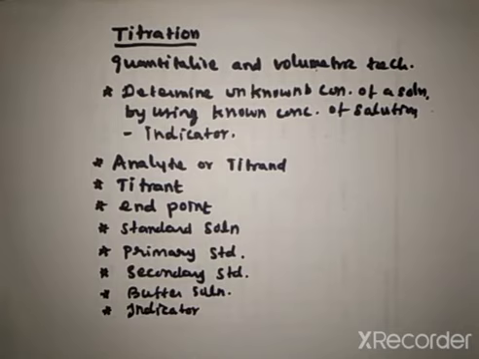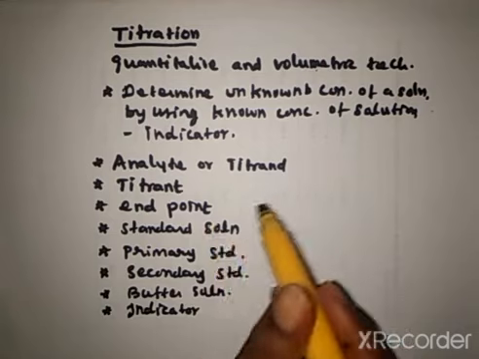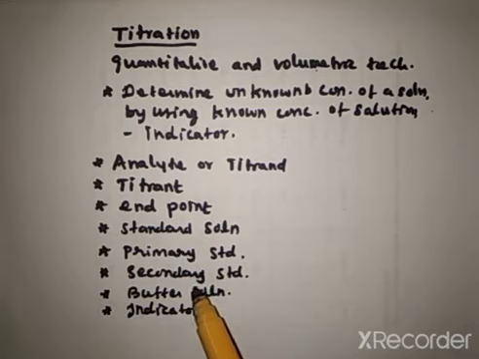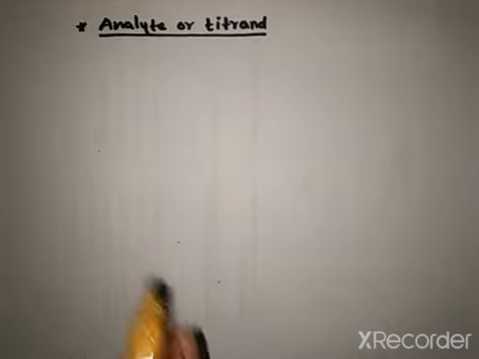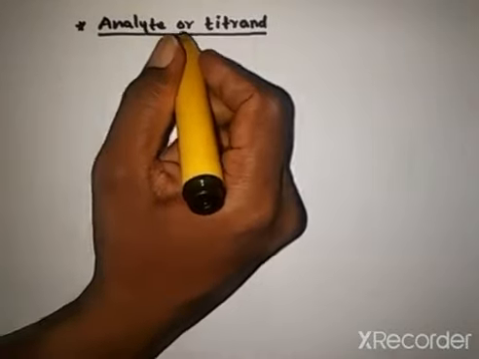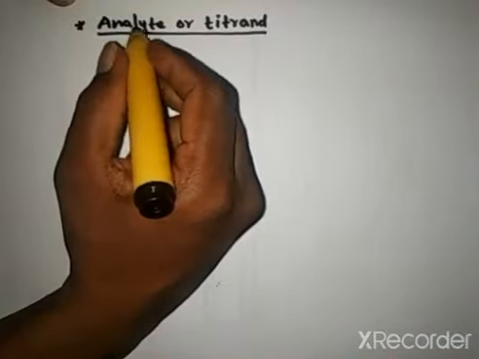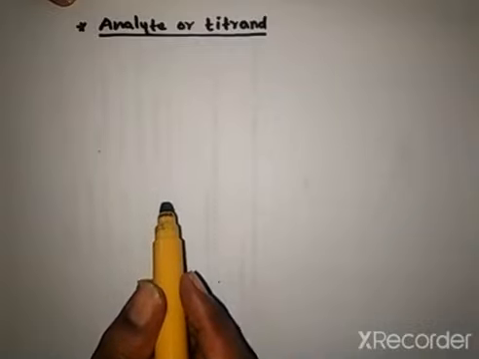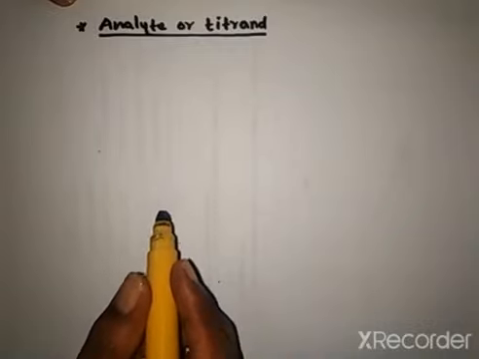Now let us discuss these terms used in titration. What is analyte? What is titrant? Endpoint, standard solution, primary standard, secondary standard, buffer solution, and indicators. What is analyte or titrant? The substance to be analyzed or to be determined is called analyte or titrant.